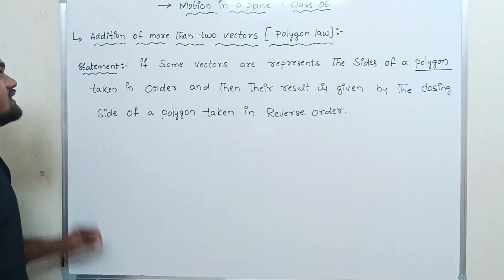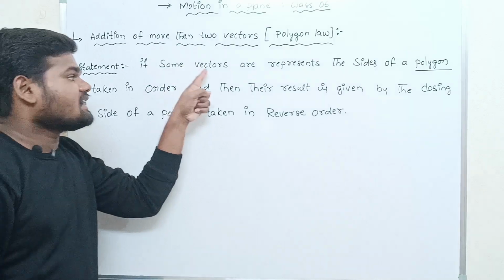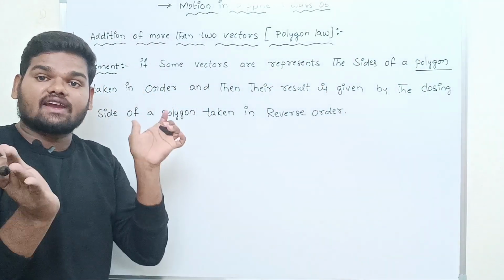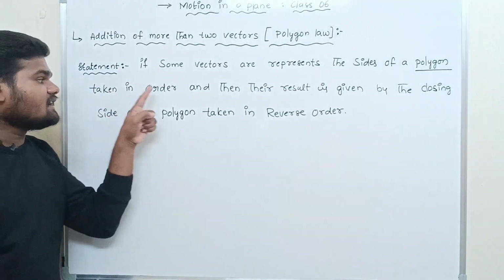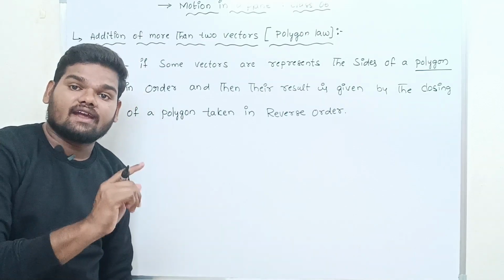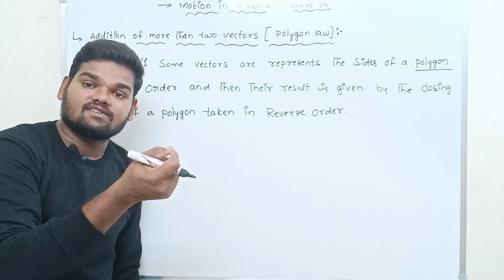Are you getting it now? So if some vectors represent the sides of a polygon taken in order, we know how to take vectors in order: the head of one vector is attached to the tail of the next vector.